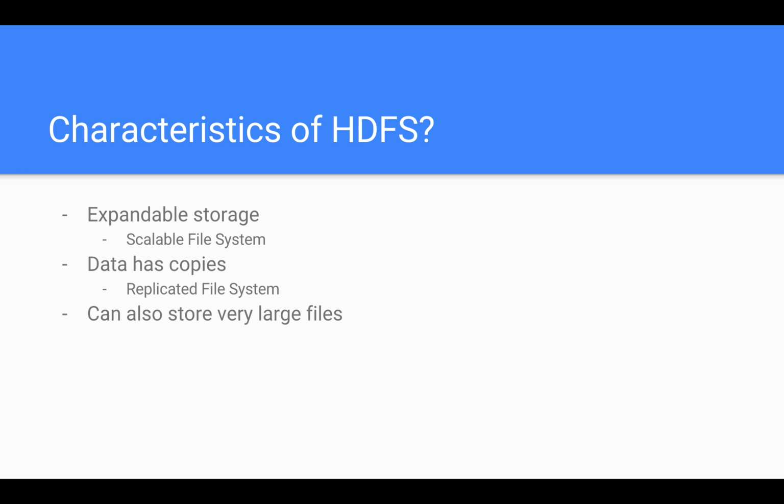As we saw in the previous slide, HDFS can store very large files. It can store files which are a terabyte in size, maybe even more. This is in line with the expectations of big data, where you might get a huge dump and the file system has to support it.